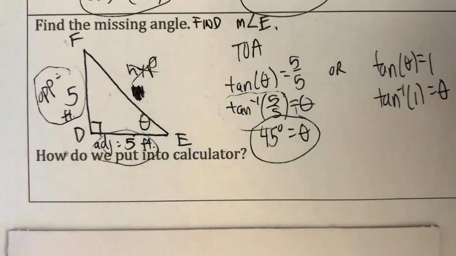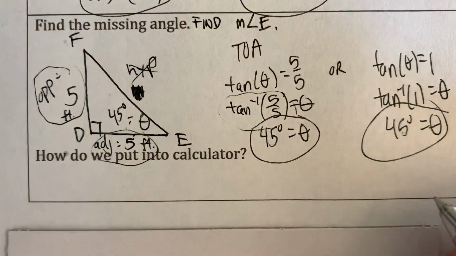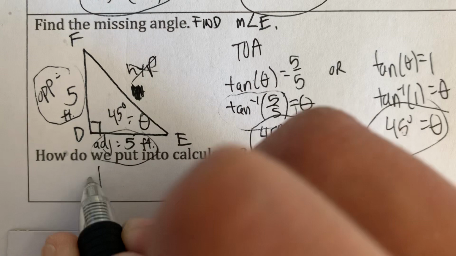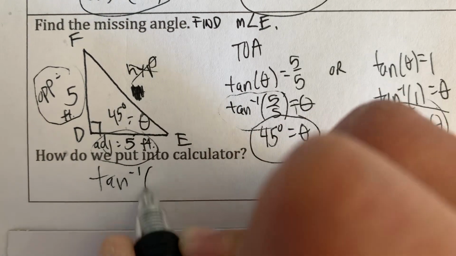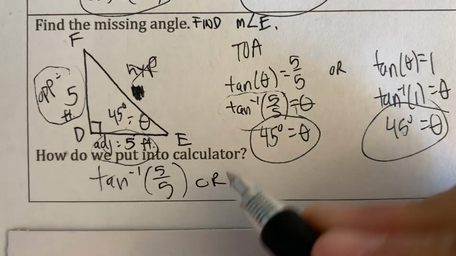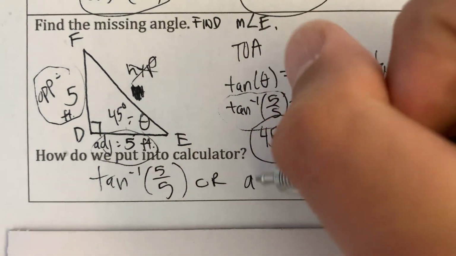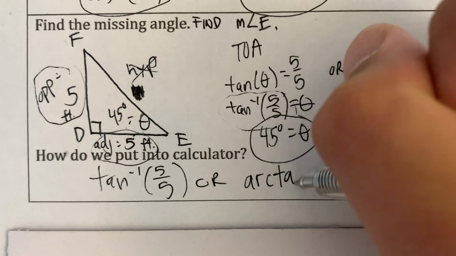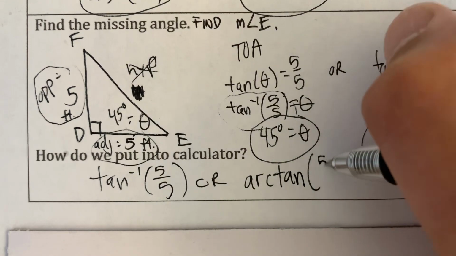So our theta is 45 degrees. And once again, to put this in the calculator, you can either put it as this if you have a calculator that has this. Some won't. If you're putting it into the Google calculator, you might want to put it in like arctan of 5 over 5.